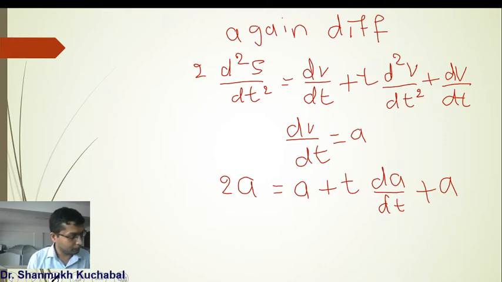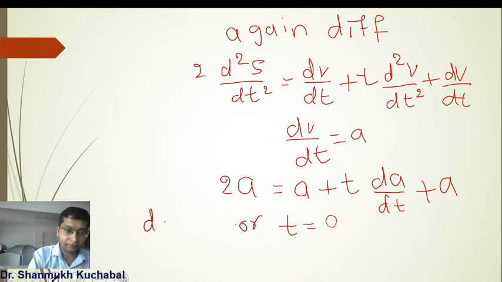Yes, so on simplification we get t equal to 0, or else we may get the solution as da by dt equal to 0.